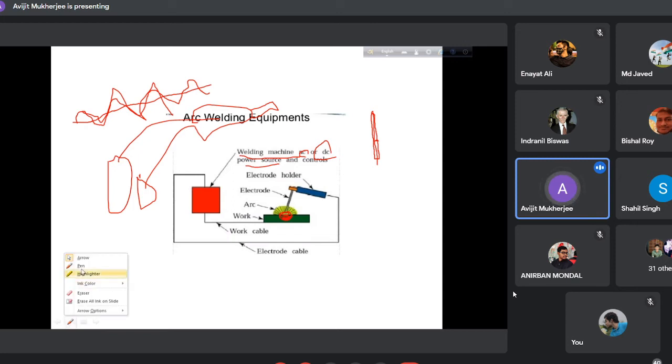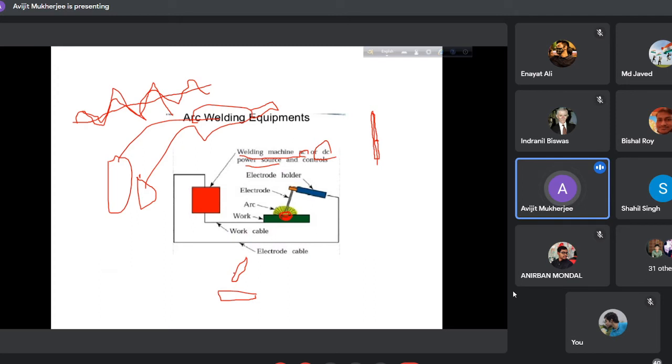Are you getting what I would like to say? Say this is the workpiece and this is the electrode. They are just struck, touched, okay.